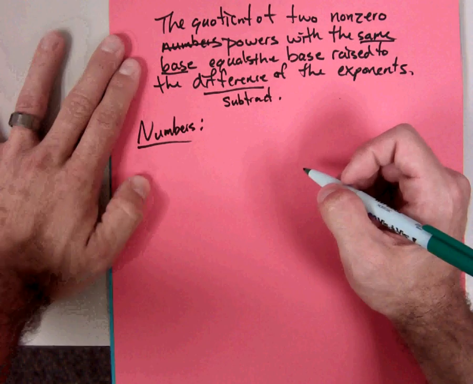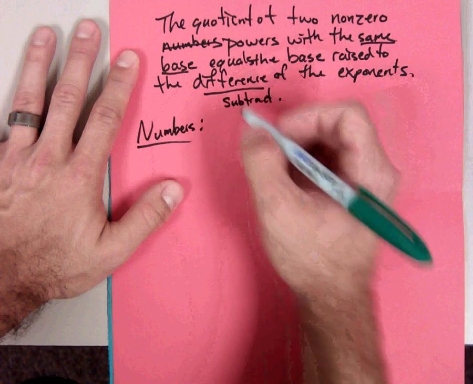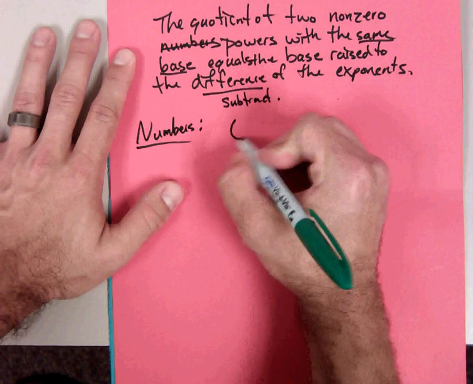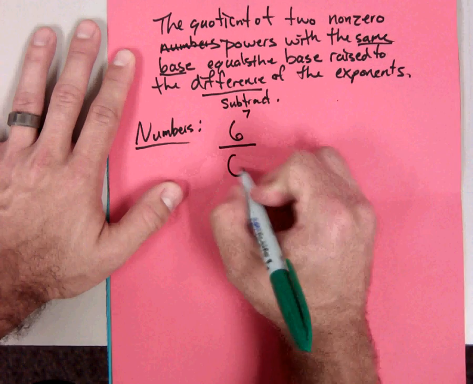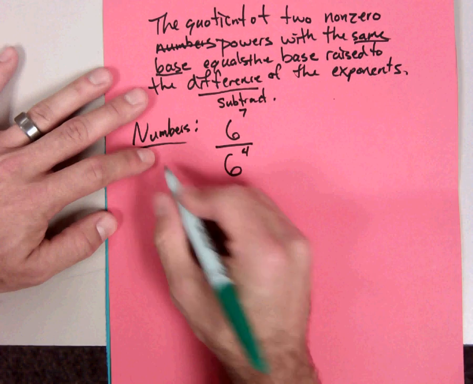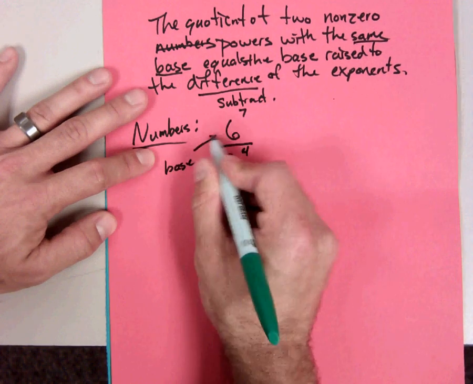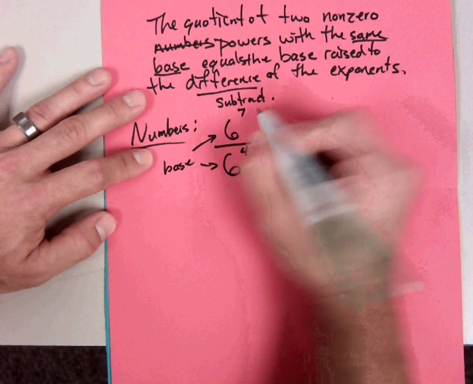All right, so for numbers, if we have two non-zero powers with bases that are the same, such as 6 to the 7th divided by 6 to the 4th. Notice our bases are both 6, and our powers are non-zero numbers, the 7 and the 4.